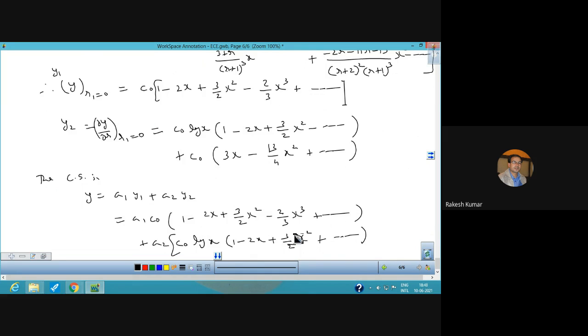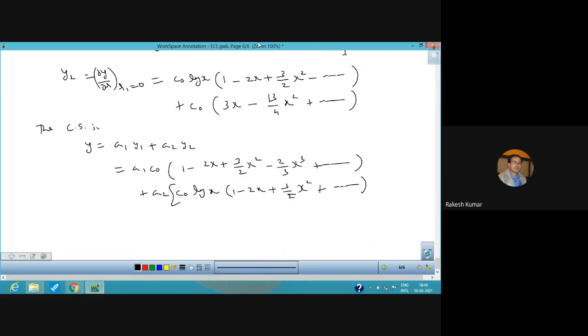Close the bracket, and together with it we will have plus C naught, this one, that is 3x minus 13 over 4x square plus so on. Close the bracket. Now the terms have been written over here.